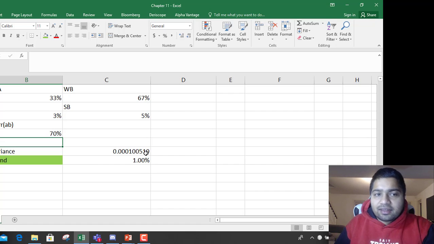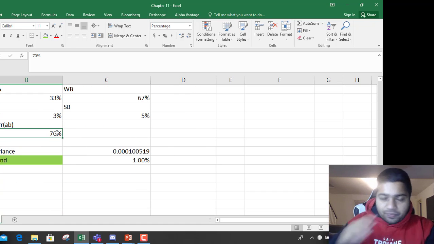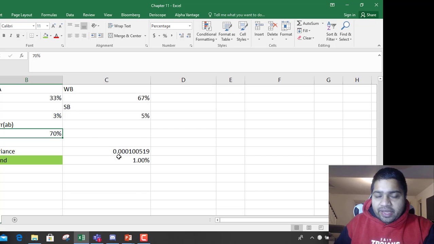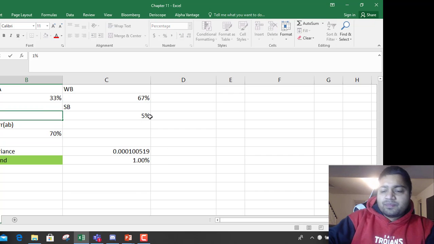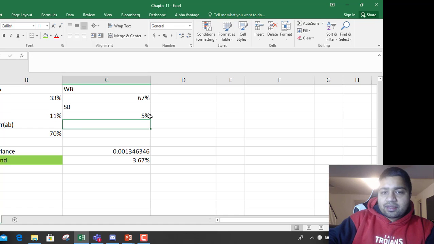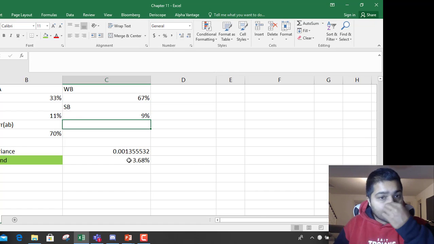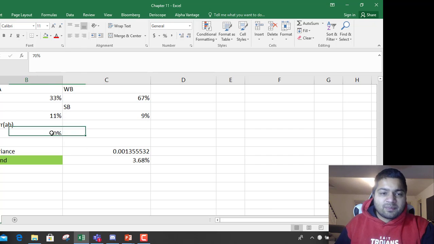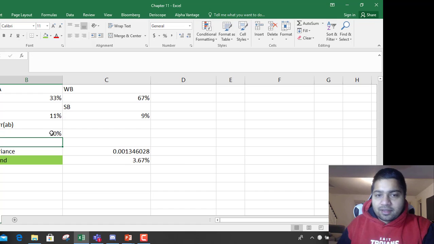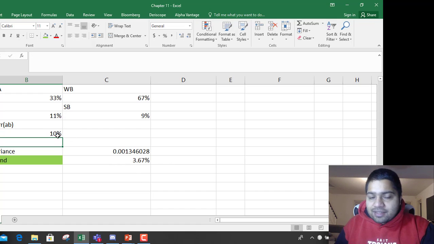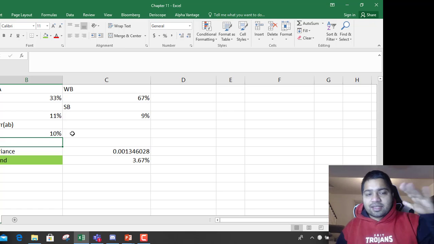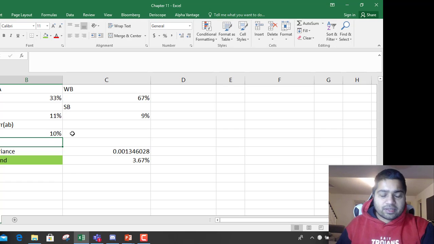So risk is higher if assets are closely correlated. Let me make some changes so that we get a good figure. Stock A has 11% risk, stock B has, let's say, 9% risk. So both are riskier, so that we can see the impact. Correlation 70%, risk becomes 3.68. If correlation was 10%, risk goes down. So as the correlation decreases, the risk lowers.